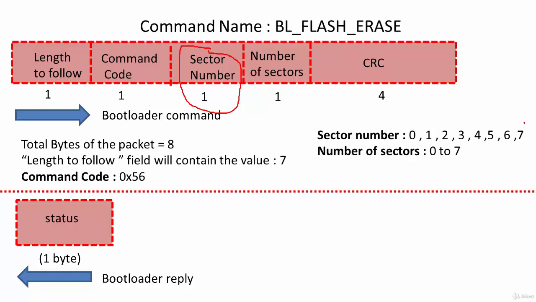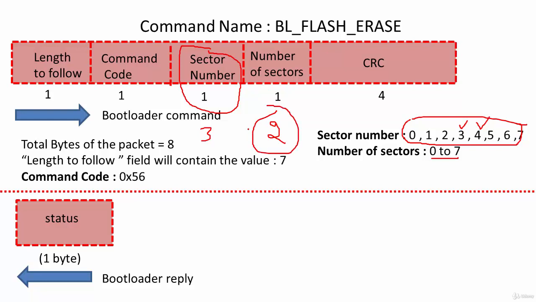The only allowed values are 0 to 7, and the host also mentions how many sectors it wants to erase starting from the sector number. For example, if I mention 3 and 2, the host wants to erase sectors 3 and 4, because the number of sectors to erase is 2.